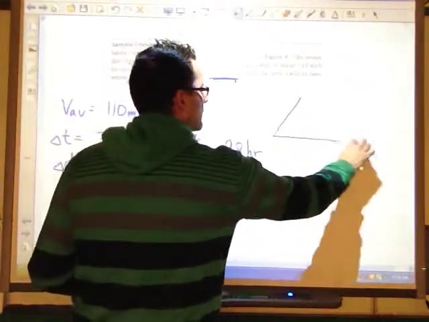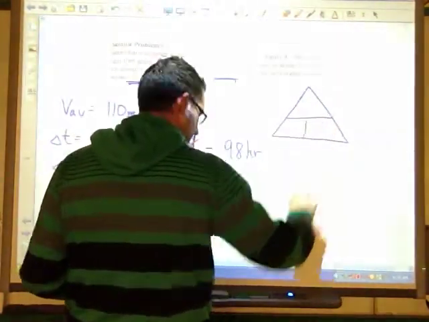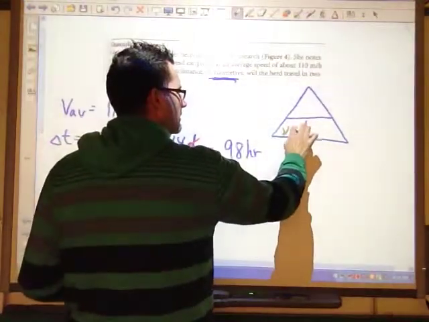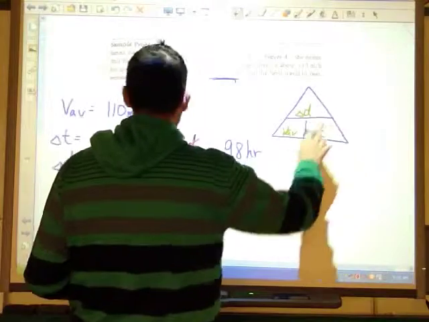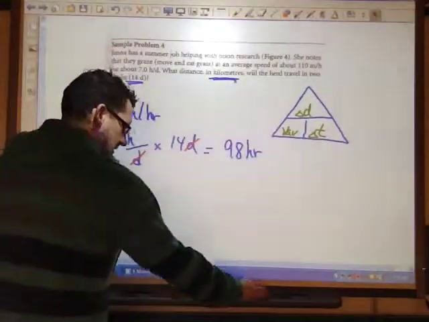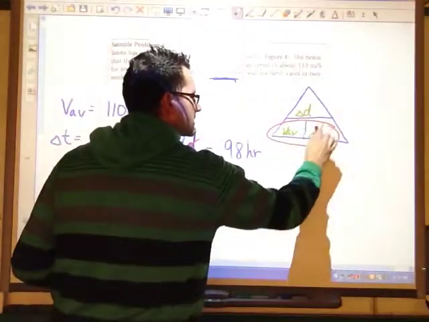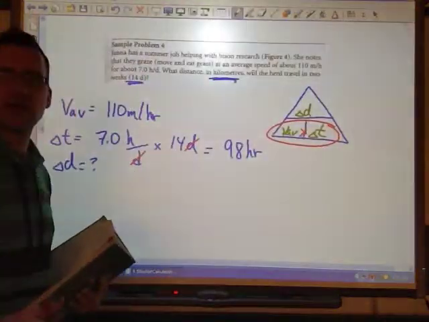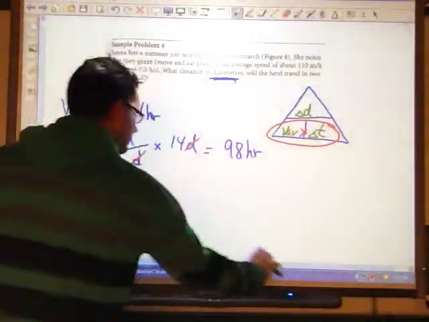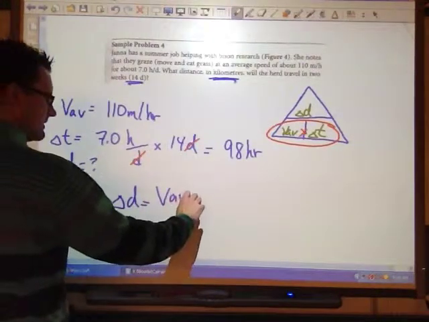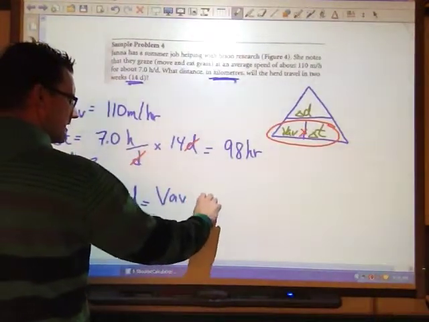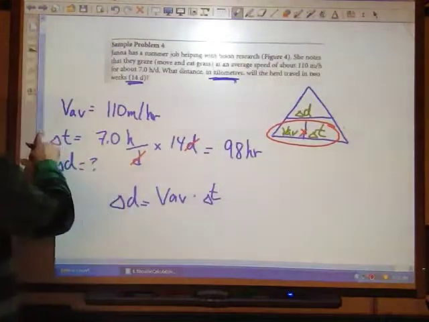So first of all, the good old pyramid of power, triangle of terror: average speed, distance, time. We're asked to find distance. V and T are side by side, so we look at that as being multiplied. So change in distance is equal to average speed multiplied by time.